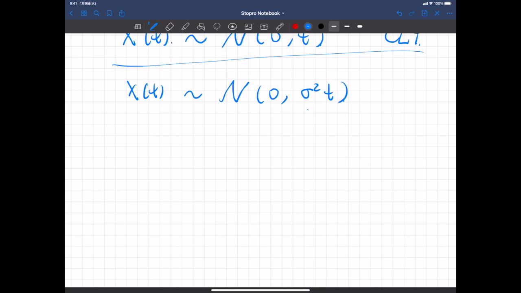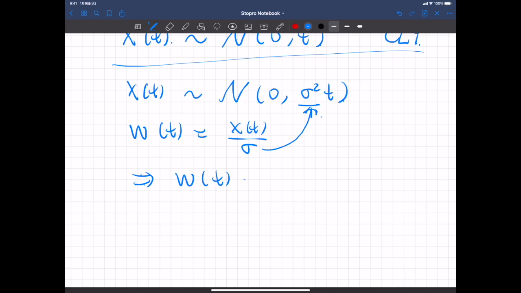Then, if we define a new random variable w of t by x of t divided by sigma, where this sigma is the same sigma as this, then this w of t follows the normal distribution with mean 0, of course, and variance t. So this is the standard Brownian motion.